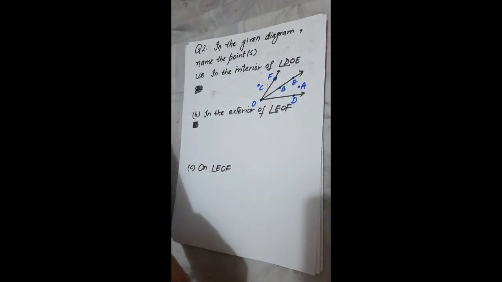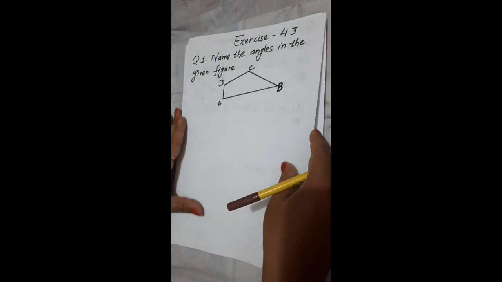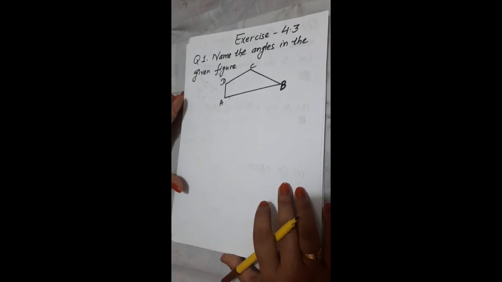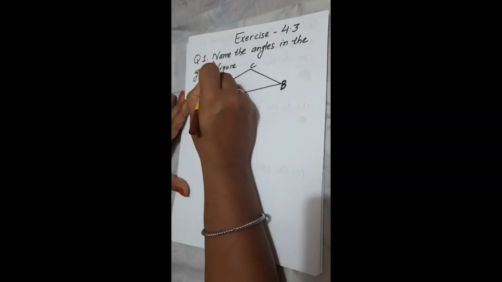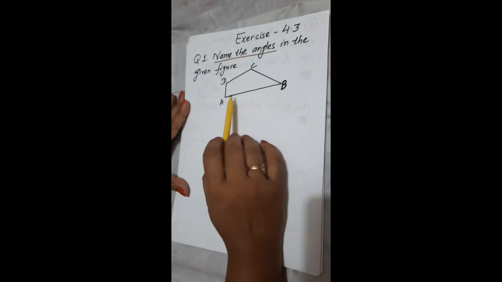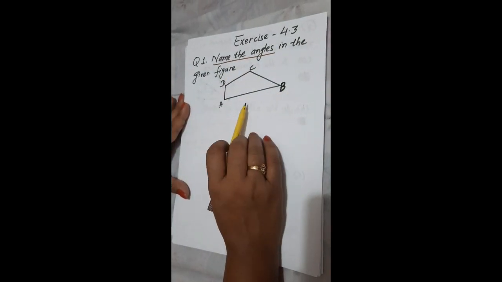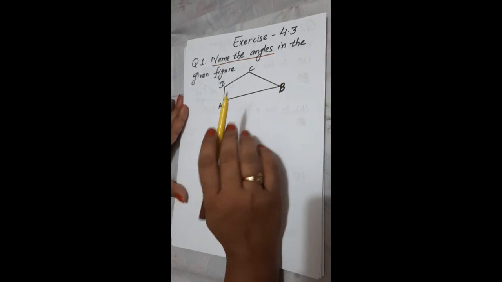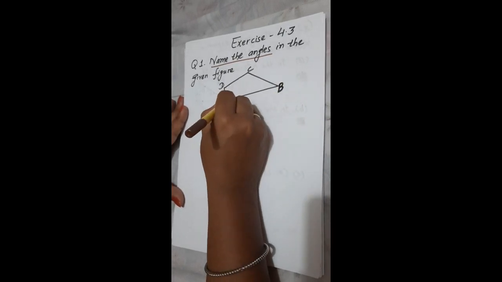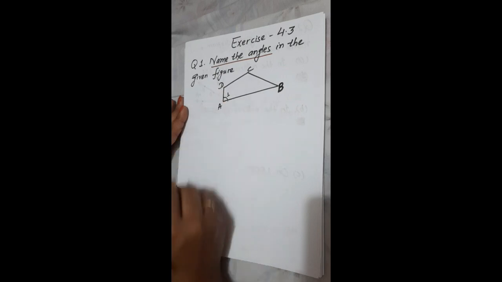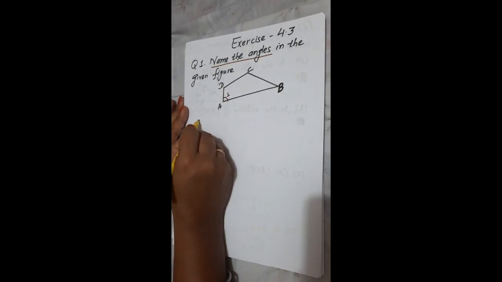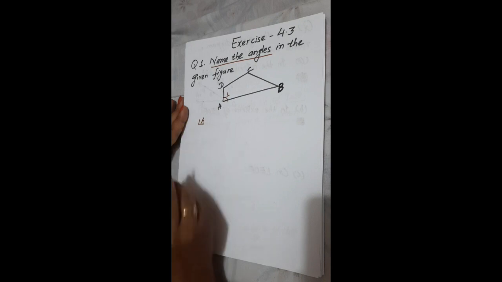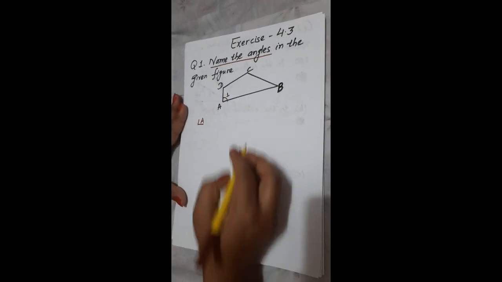Now let's start exercise 4.3. Here the first question of 4.3: name the angles formed in the figure. This is a four-sided closed figure and in this we have to name the angles in the given figure. Now this is your first angle. This angle can be written as angle A. Clear?